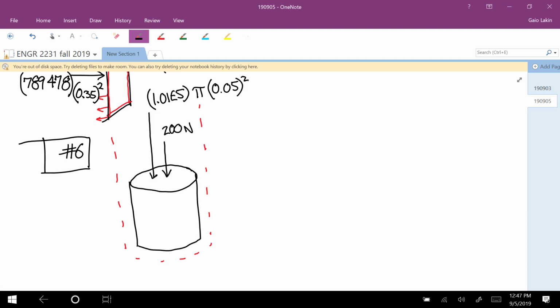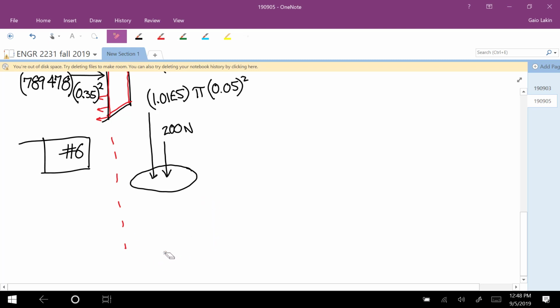And you know what? Let's not use this as the system that we isolate. I am going to keep those two forces there. But we'll think of isolating the piston itself.